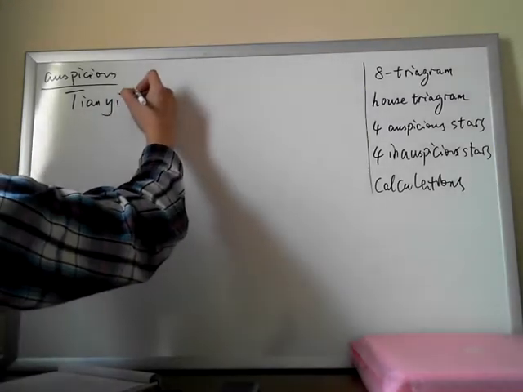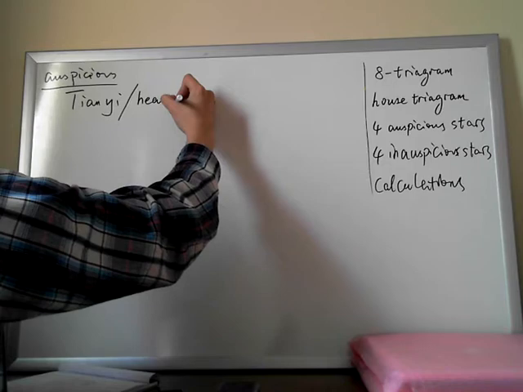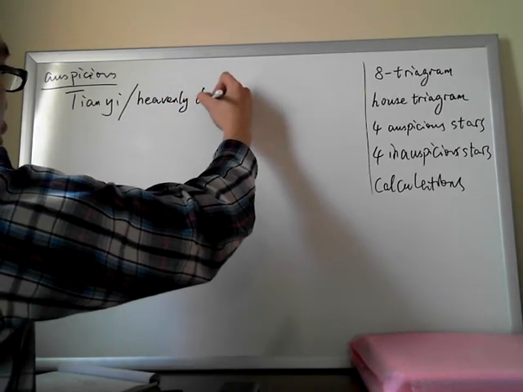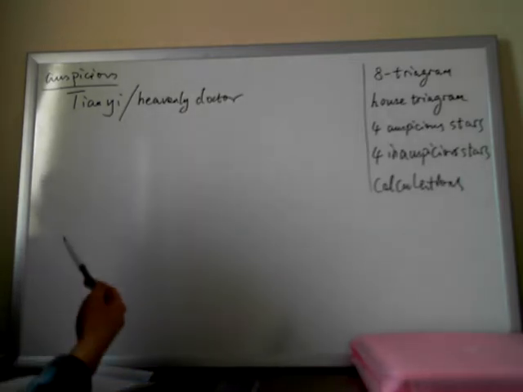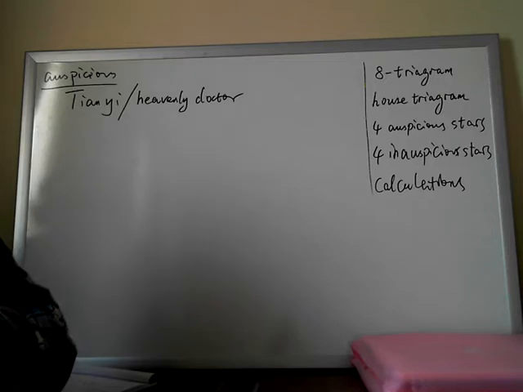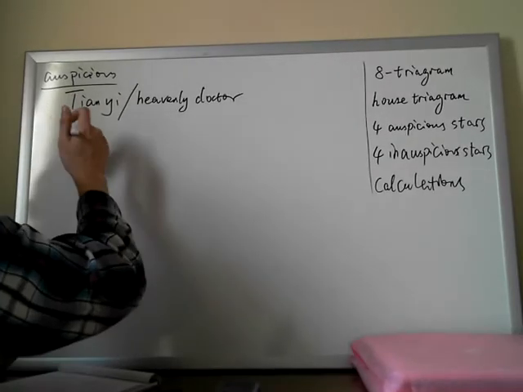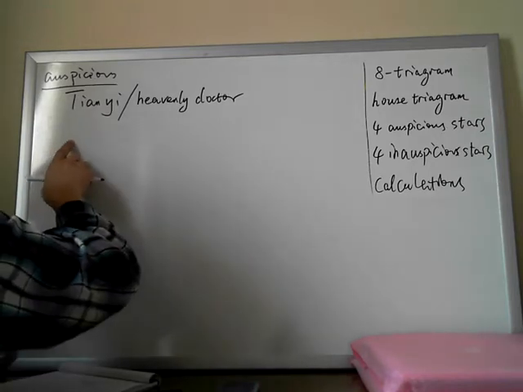A verbal translation: heavenly doctor. Okay, it's not a doctor. Anyway, it's just a verbal translation. Let me write down every star here, then I will explain what they mean.